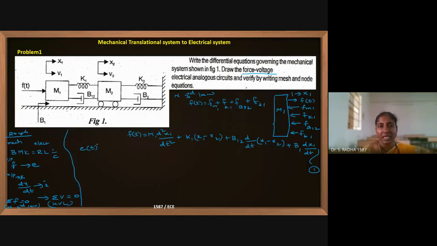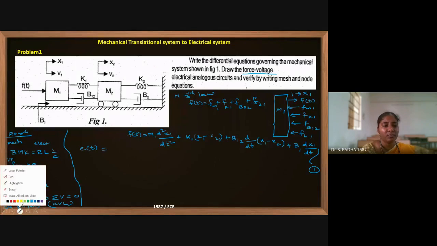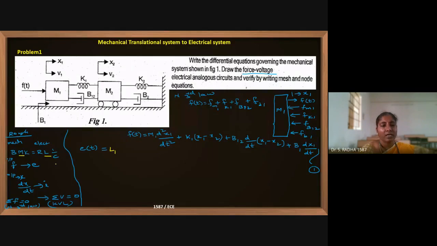Voltage I am taking as E in the electrical system. Next, M means the equivalent parameter is L, so M1 means L1. The first order derivative dx by dt is current, so the second order derivative, d square x by dt square, is equivalent to di by dt.